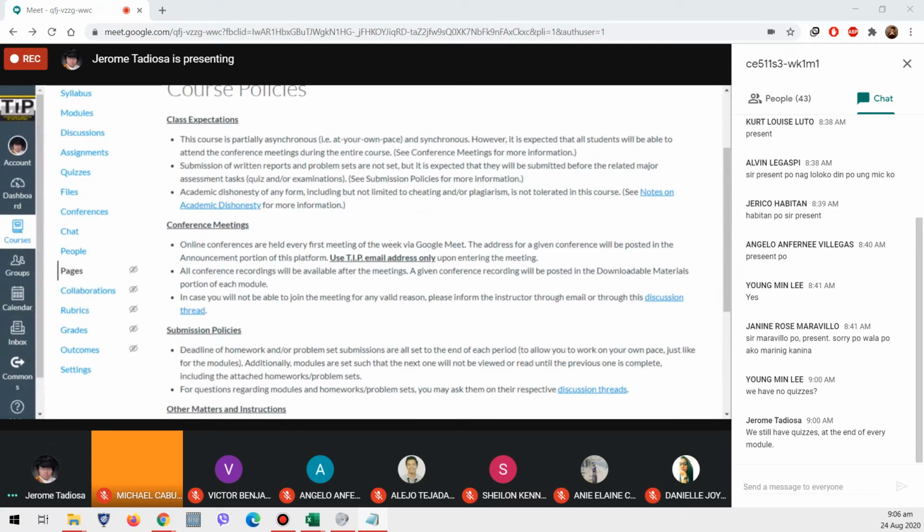And lastly, academic dishonesty of any form, including but not limited to cheating and or plagiarism, is not tolerated in this course. Although we are already conducting online classes, so there is a higher risk for others to commit academic dishonesty, but well, it is now a question of your morals in this case.